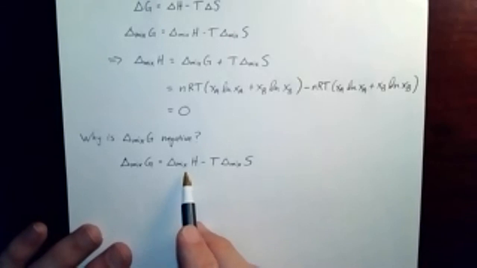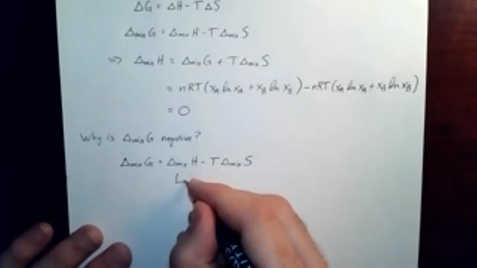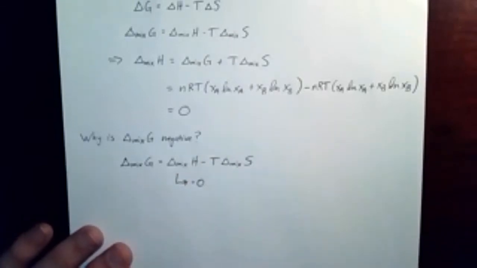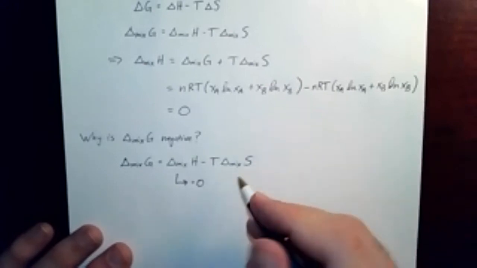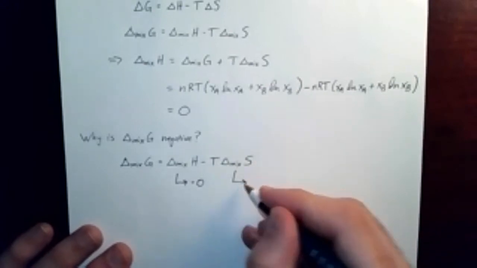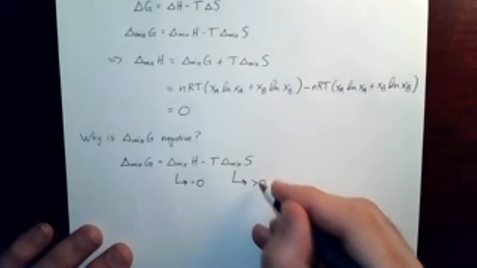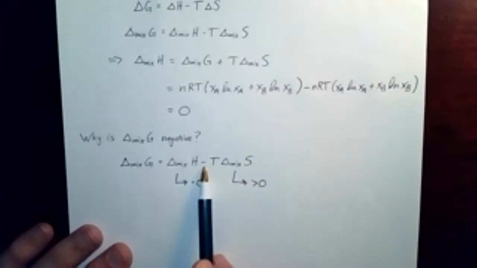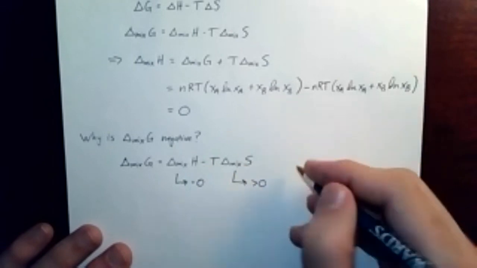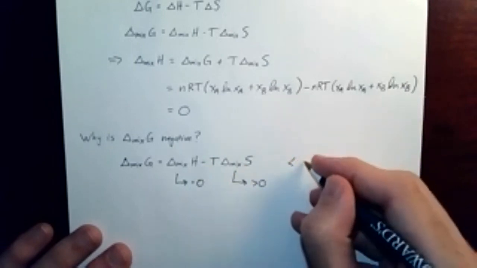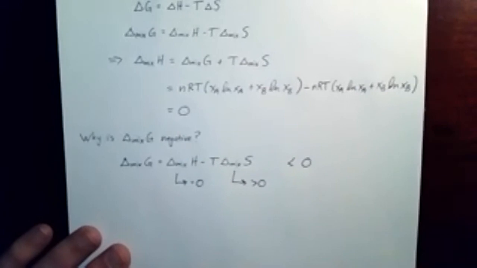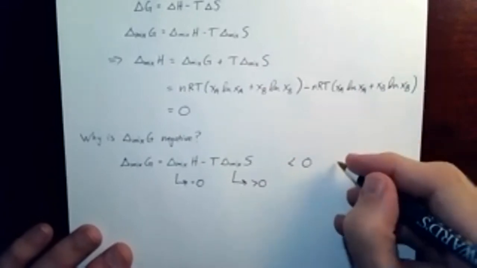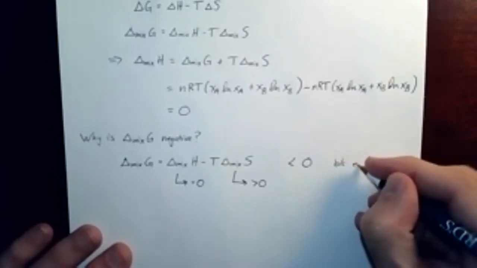So delta mix H, the mixing enthalpy, as we just saw, is equal to 0. And the entropy of mixing is greater than 0. And so I have 0 minus a positive number. So that means that delta mix G is less than 0. And it's less than 0 because entropy increases.